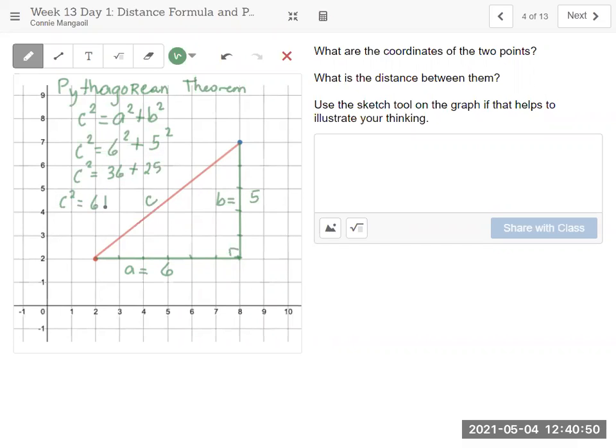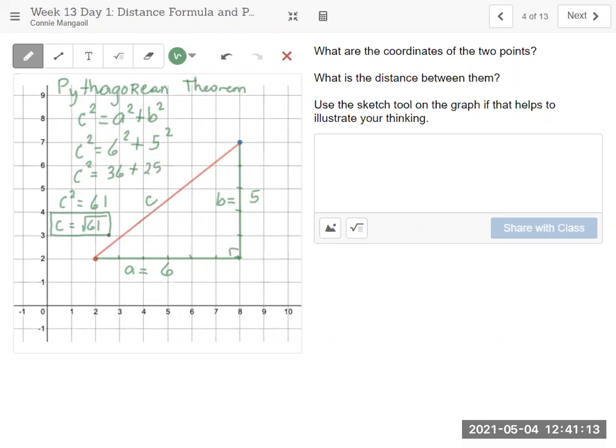We do not want C squared. We want C. So what do we do to find C? What's the opposite of squared? Square root. So your C would be equal to the square root of 61. Now 61 is not a perfect square, right?